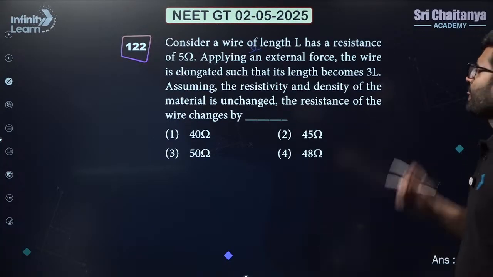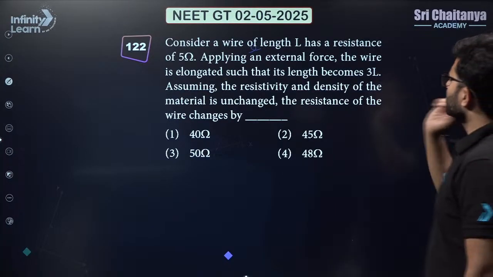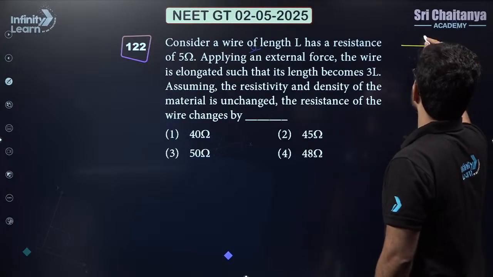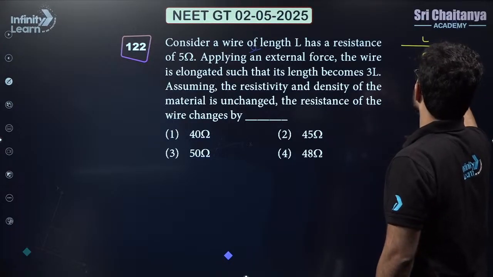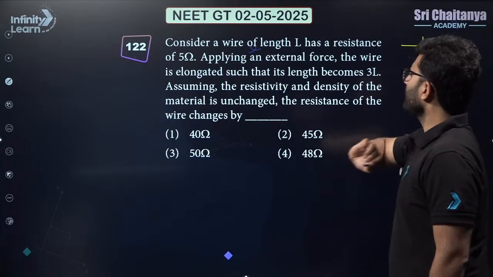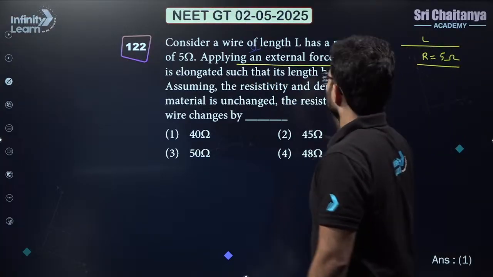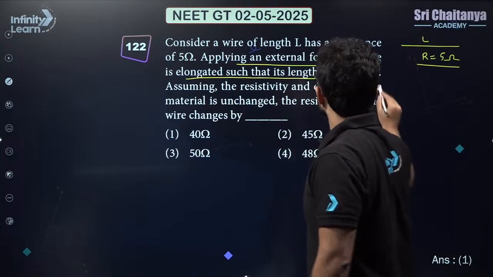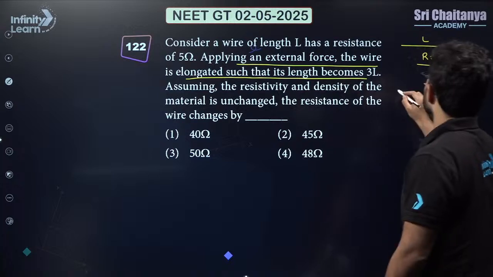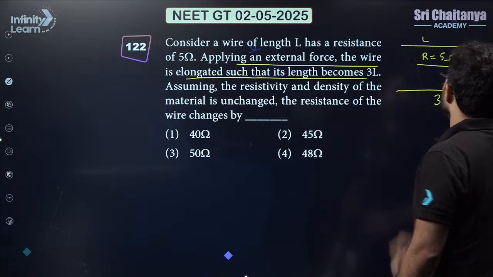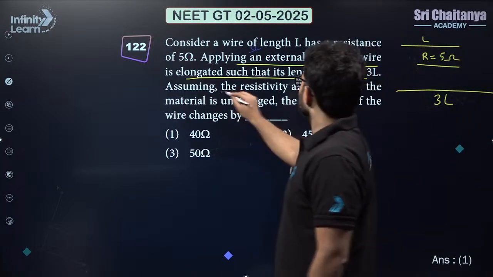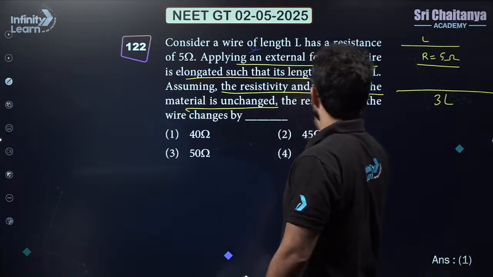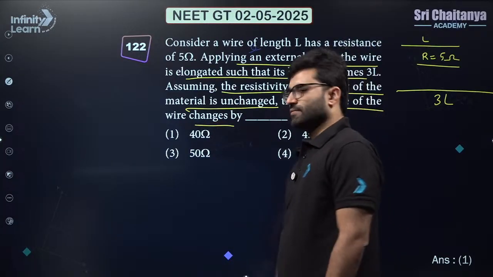Is that clear? Consider a wire of length L which has a resistance of 5 ohms. Applying an external force, the wire is elongated such that its length becomes 3L. Assuming the resistivity and density of the material is unchanged, by how much does the resistance of the wire change?